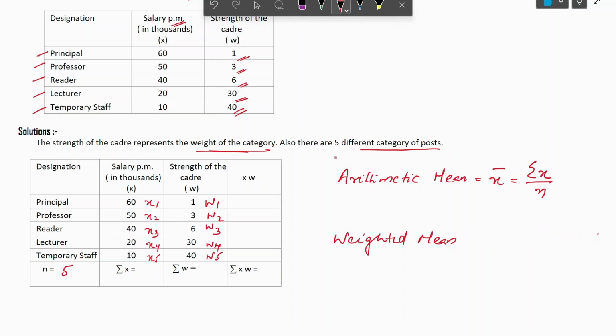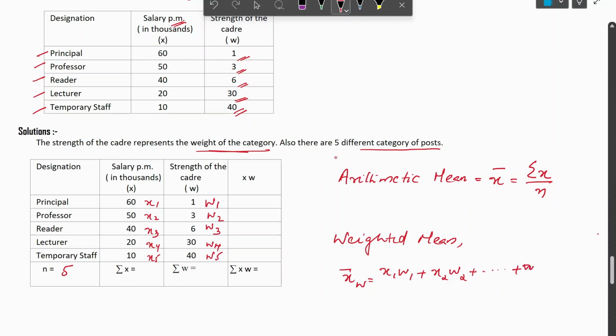Weighted arithmetic mean X bar W equal to X1 W1 plus X2 W2 plus etc. up to X5 W5, whole divided by W1 plus W2 plus etc. W5.